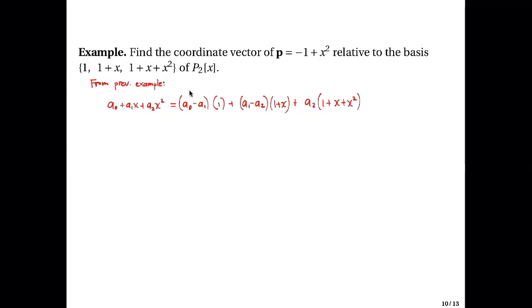Verify that this was the formula that we obtained earlier.